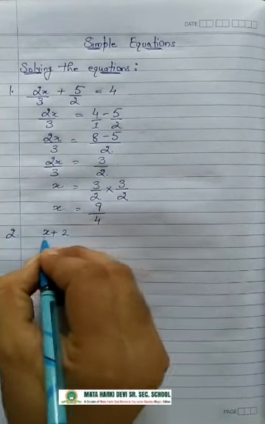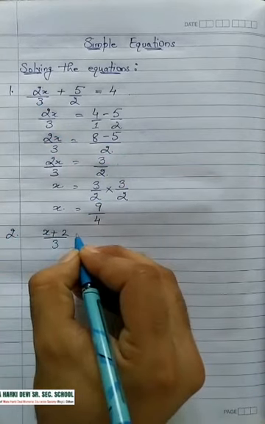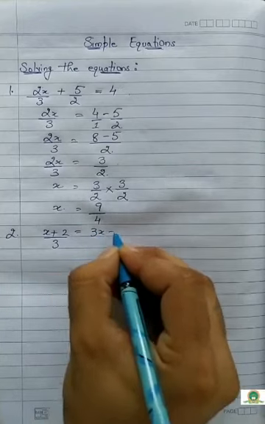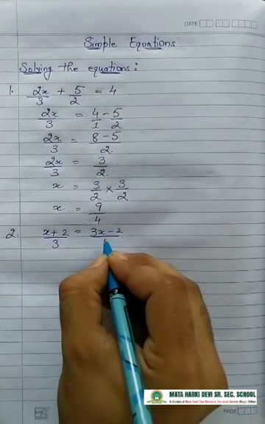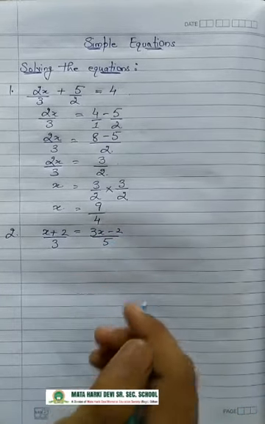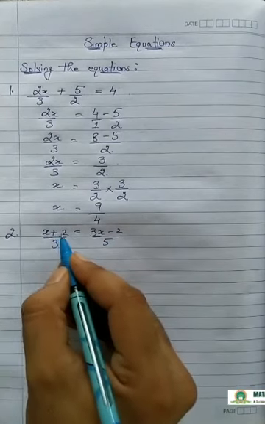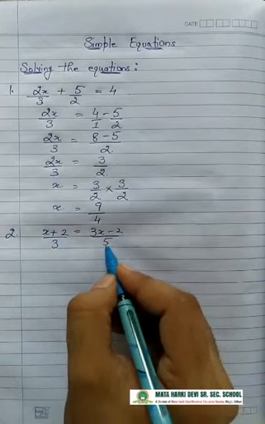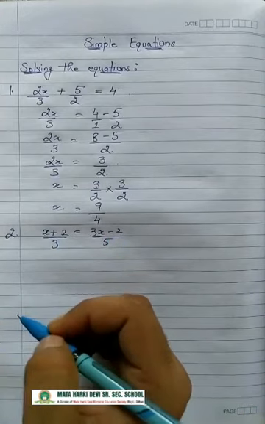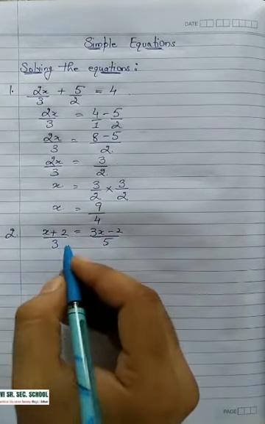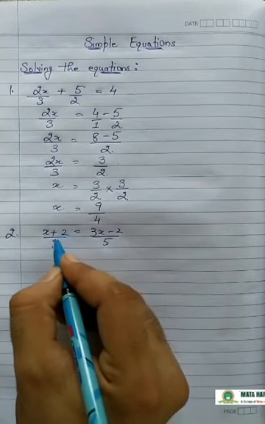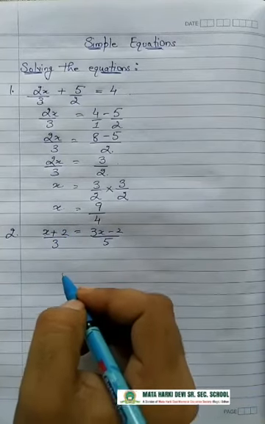x plus 2 by 3 is equal to 3x minus 2 by 5. So now here we have the number 3 that is dividing both these terms, and 5 is also dividing both these terms. So in this case you cannot take just the 2 to the right hand side.